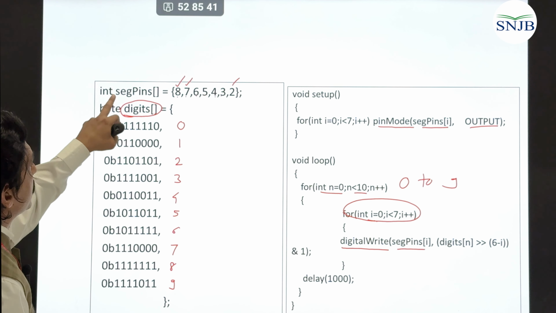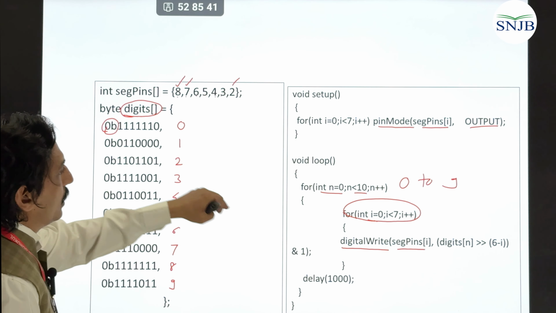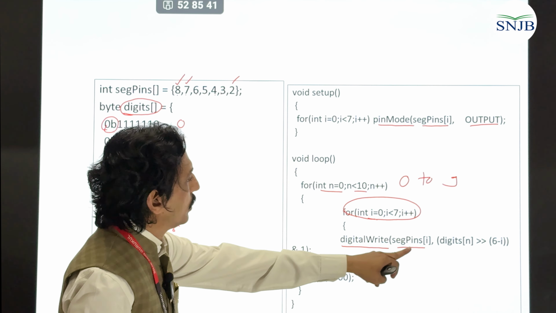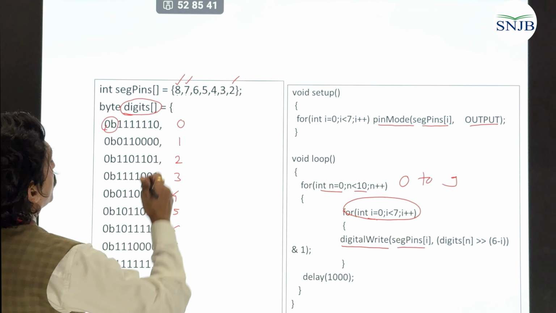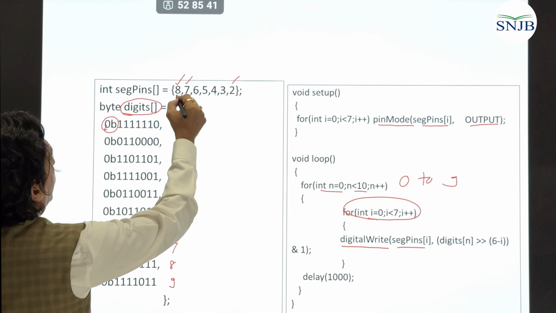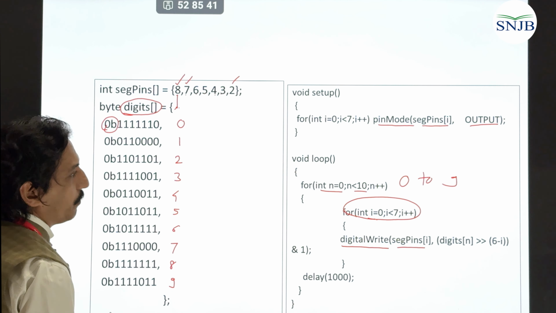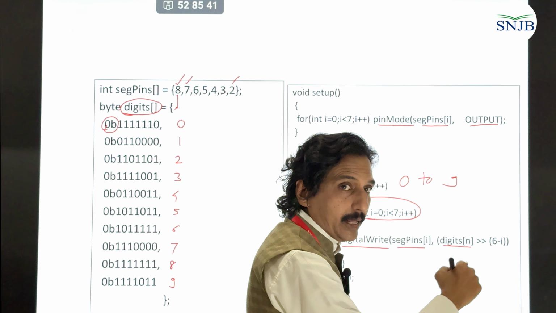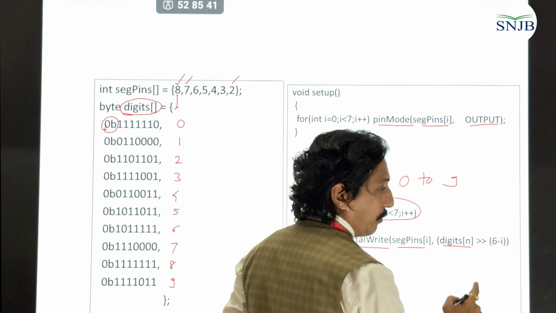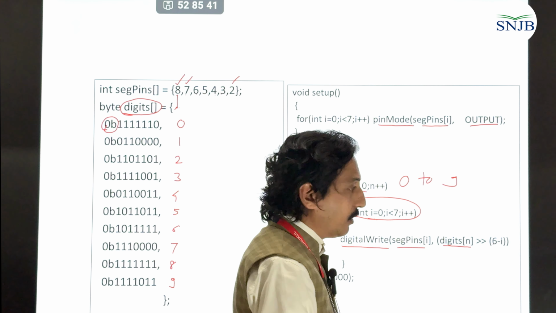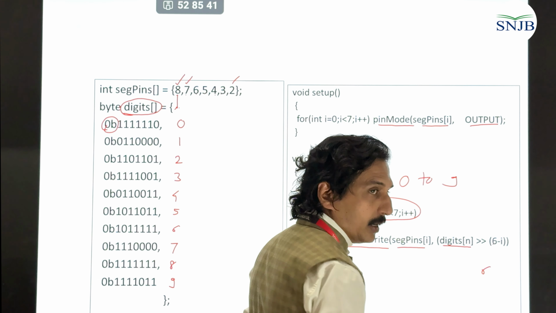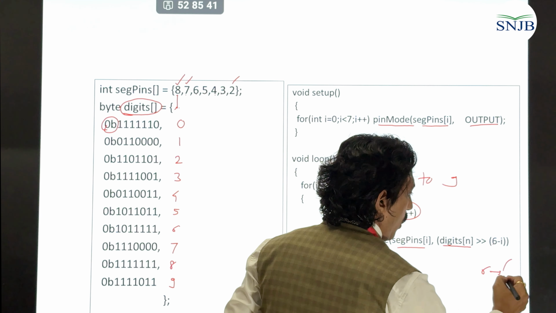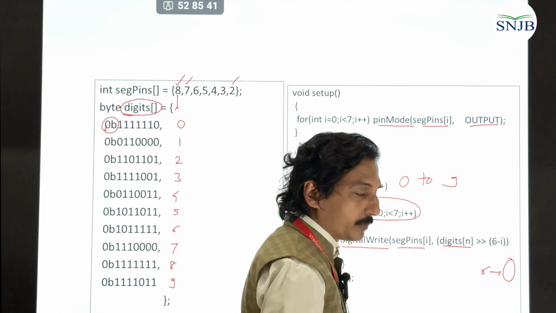When the value of i is equal to 0, it means it is the 8th one, this bit, and here digits n should be greater than or equal to 6 minus i, means here we are trying to print the value 6, which is having index for value 0.